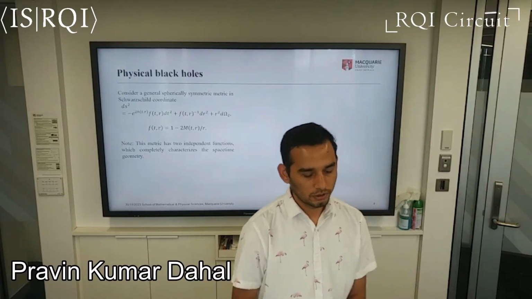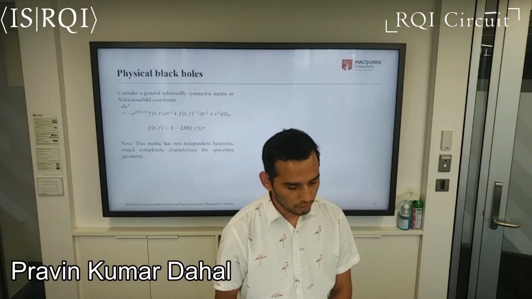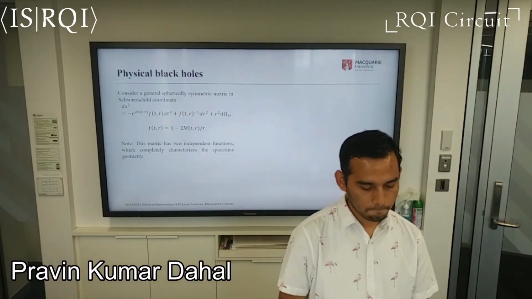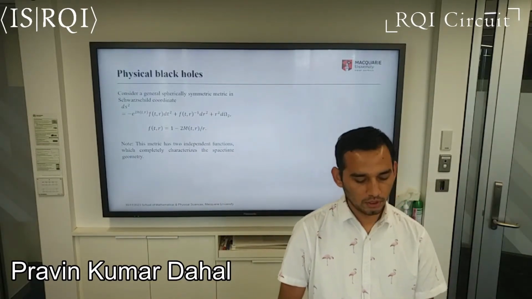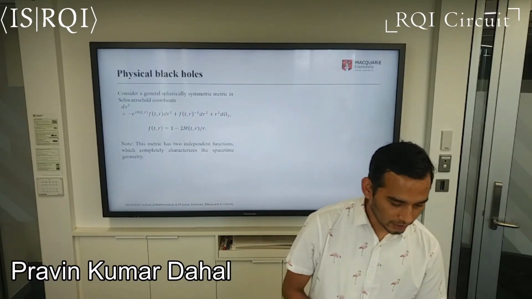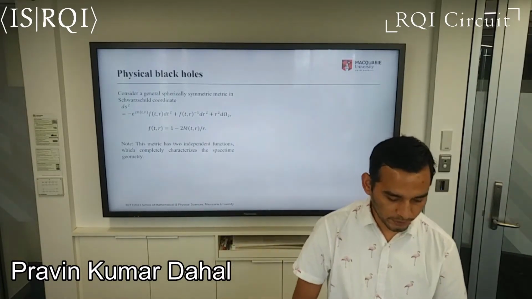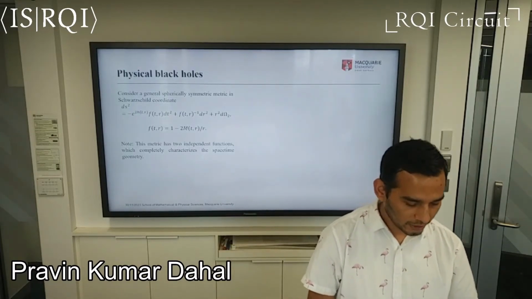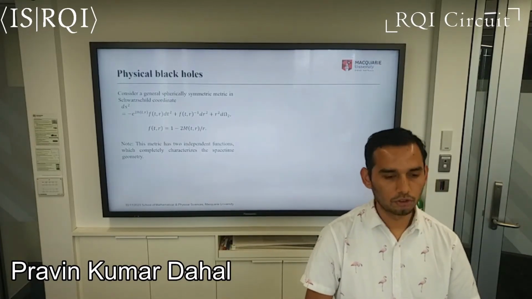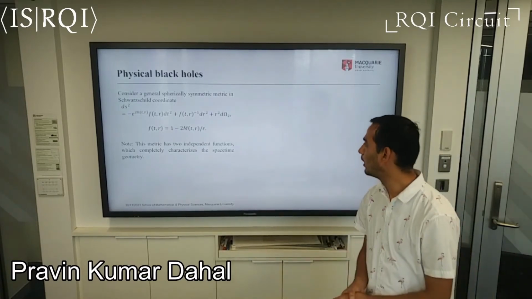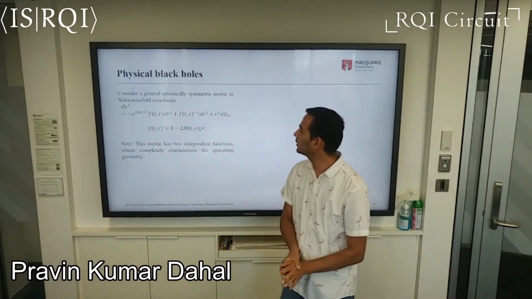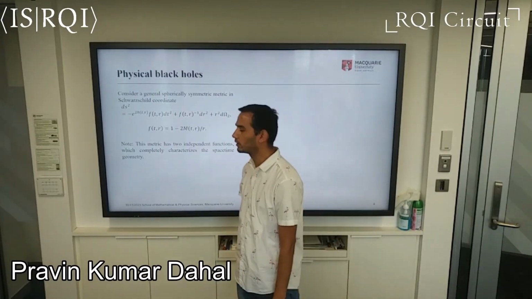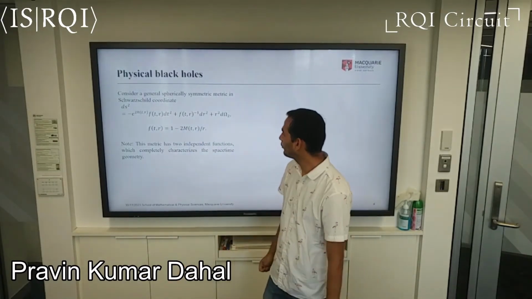So let's start first with physical black holes. We work in a metric theory of gravity, and here we specialize our discussion to spherically symmetric spacetimes, where we can write the metric in this way. This is the most generic metric in spherically symmetric spacetimes, in what we call Schwarzschild coordinates.